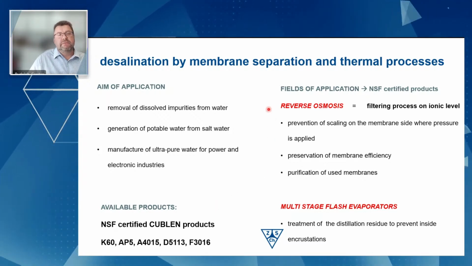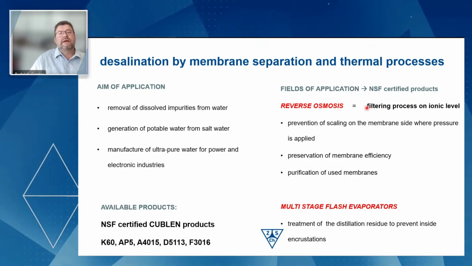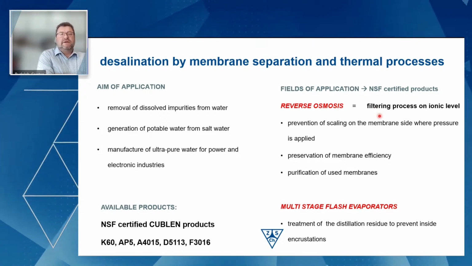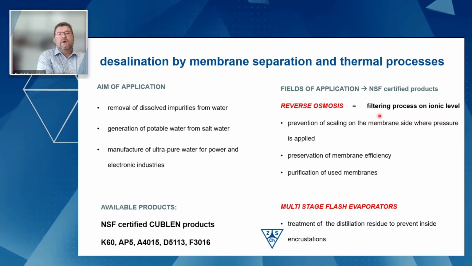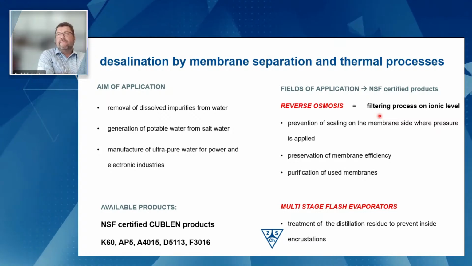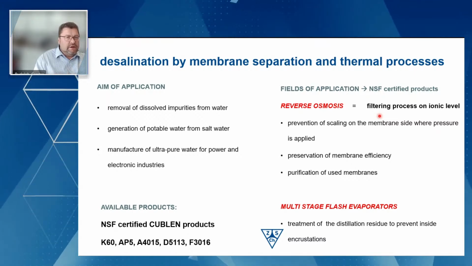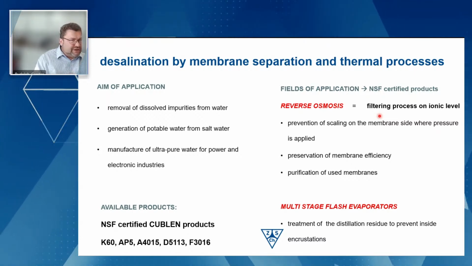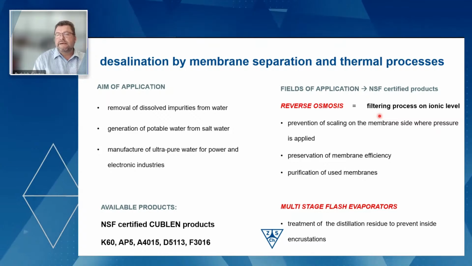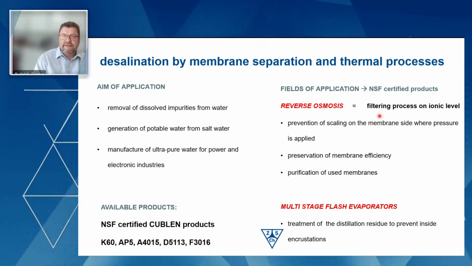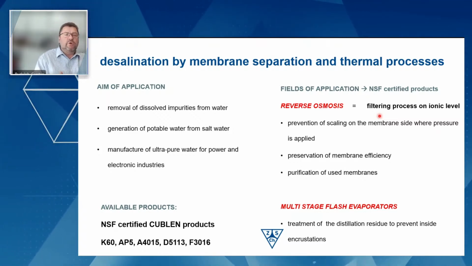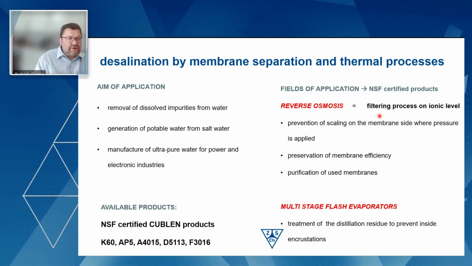And in reverse osmosis, for example, we have a filtering process on the ionic level. Often filtering implies a filter model with a mesh, which is not really true. It's because the latest separation technology following this process is nanofiltration.